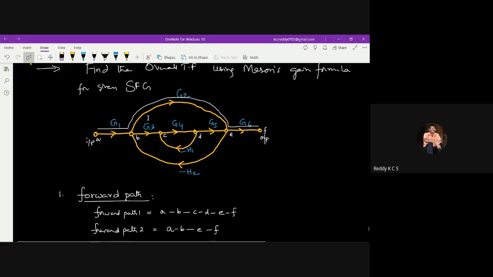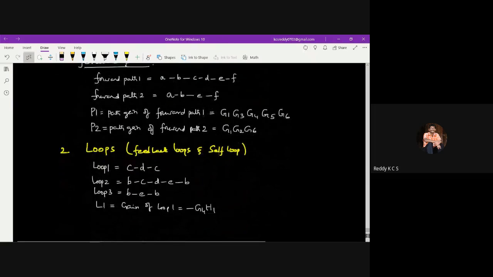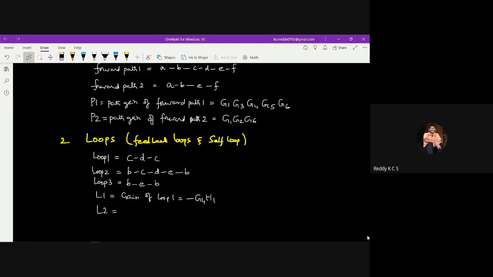So G3 into G4 into G5 into minus H2, I'll get minus G3 G4 G5 H2. Minus G3 G4 G5 H2 is the second loop gain. So L2, I'll write as the gain of loop 2, that is minus G3 G4 G5 H2.